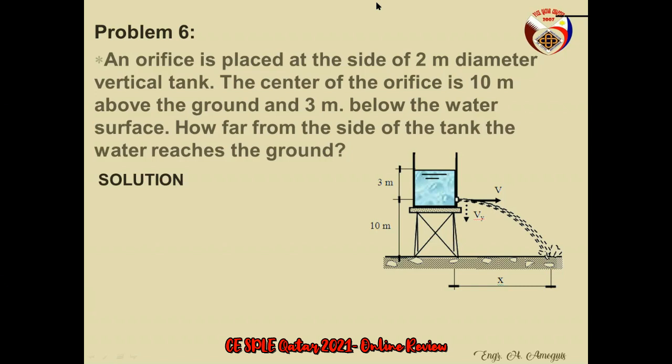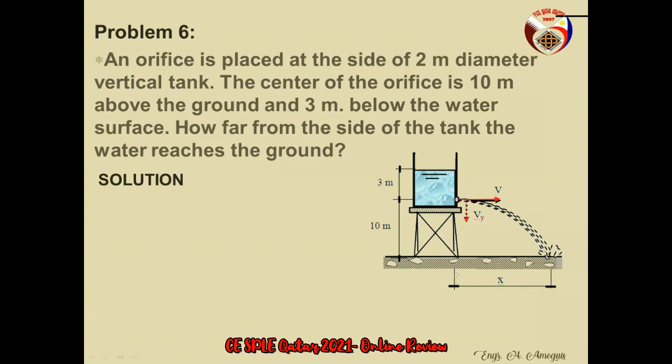Balikan natin, kunting review sa motion problem. Di ba sa projectile motion, meron yang projection. Anong projection ng motion? Meron yang Y at saka yung X projection. Yung Y projection is yung Y motion, tapos ito yung X projection. Kaya nga ang title is projectile motion, projection of motion.